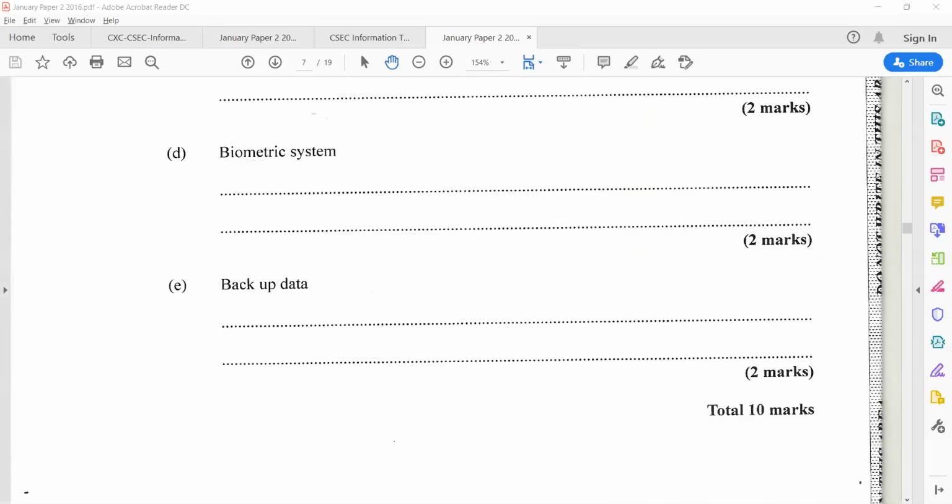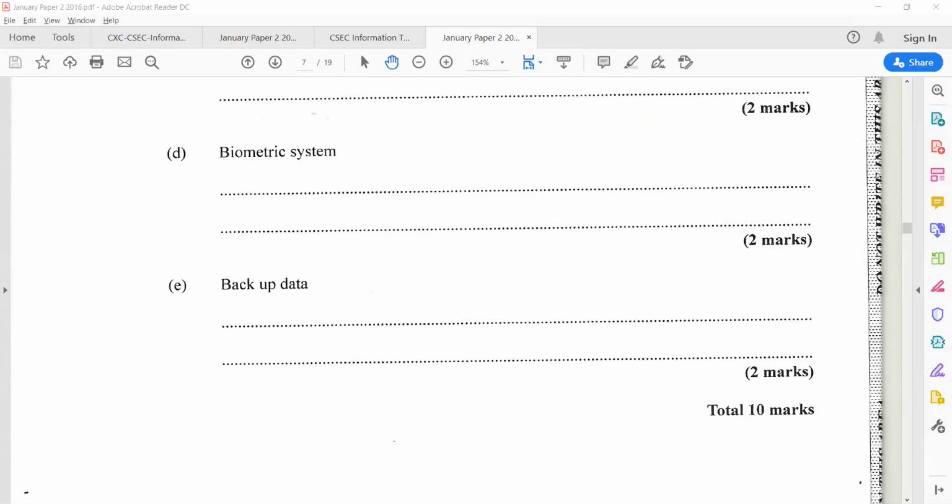Okay, and the backing up of data. What does that prevent against? That prevents against files becoming damaged, corrupted, or lost. Yes, data loss.